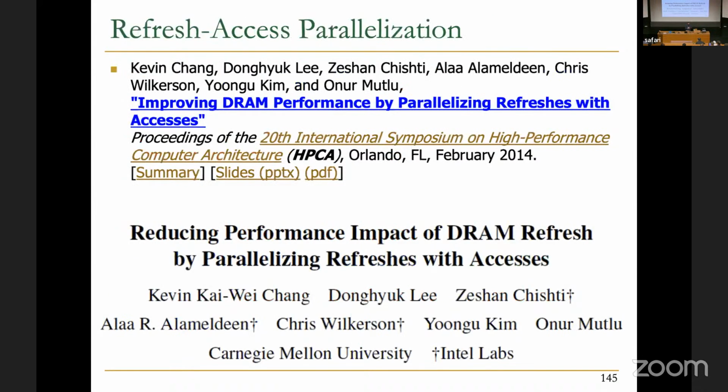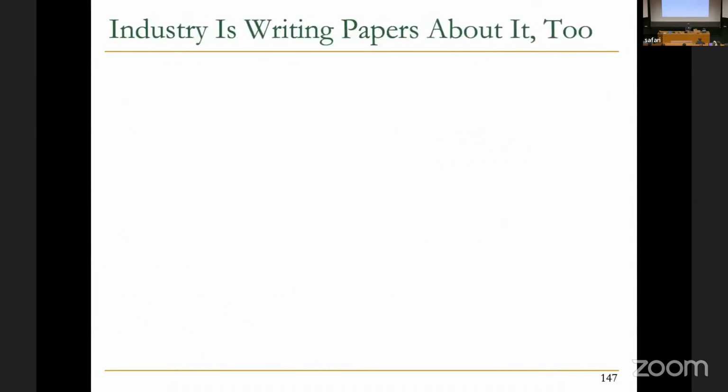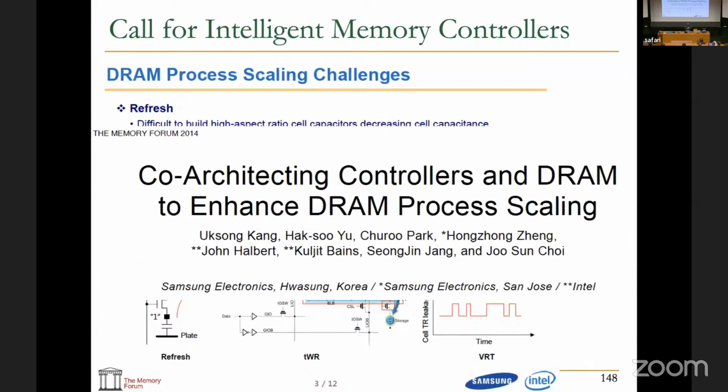There are more papers that I will just show here. You have the slides, you have all the links. If you're interested, you can take a look at them. I'll also remind you about this industry paper that Onur mentioned yesterday that calls for intelligent memory controllers. And with this, I'm done with DRAM refresh.